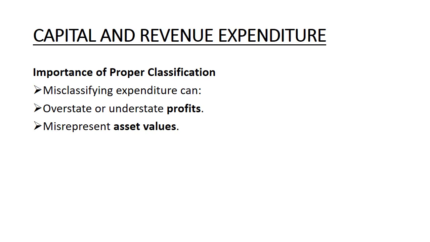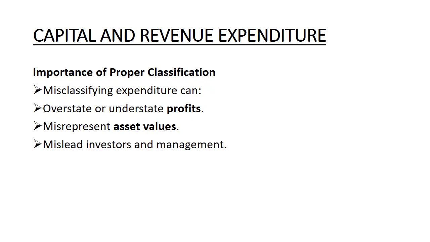So your books will be showing that the total asset value includes that 100,000 when that 100,000 is not part of the fixed assets. It is meant to be sold. So that's the importance of differentiating these two.